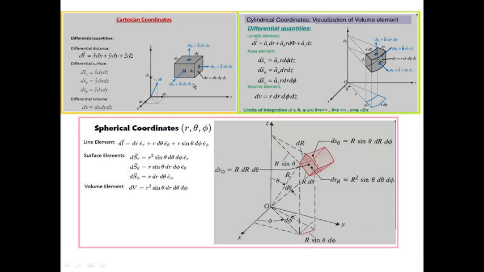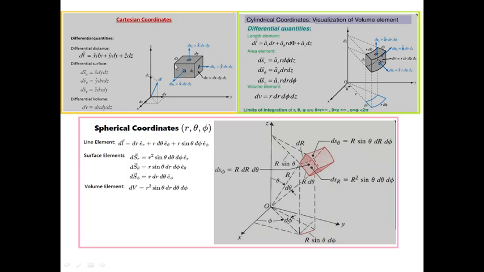In the vector study, we always associate area or surface with a direction, and the direction of the surface will be such that it will be perpendicular outward to the volume. This is the volume. This is the perpendicular to the surface and going outward. So in vector analysis, the area is considered as a vector and its direction is perpendicularly outward from the volume.